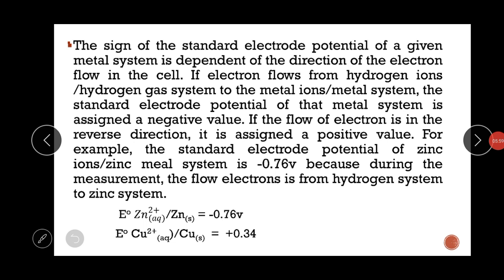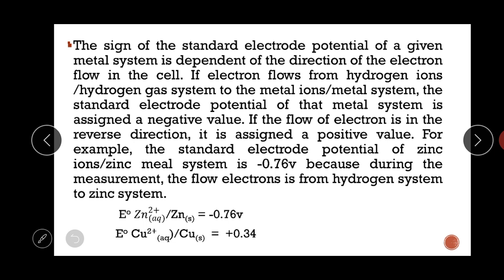The sign of the standard electric potential of a given metal system is dependent on the direction of electron flow in the cell. If electrons flow from the hydrogen ions or hydrogen gas system to the metal, the standard electric potential of that metal is assigned to be negative.